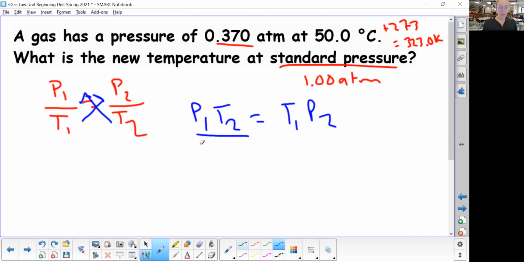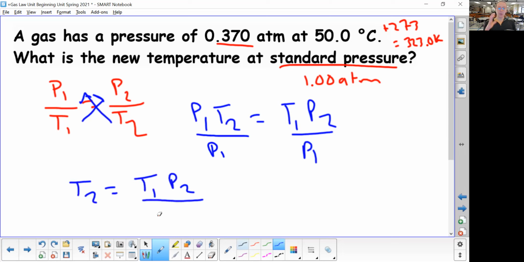And then I will have the correct rewrite of the equation. So temperature 2 will be equal to temperature 1 times pressure 2 over the initial pressure. And there's multiple ways to get there, but make sure that algebraically you can get there, and then you can plug in your number. So our initial temperature is 323.0 Kelvin.